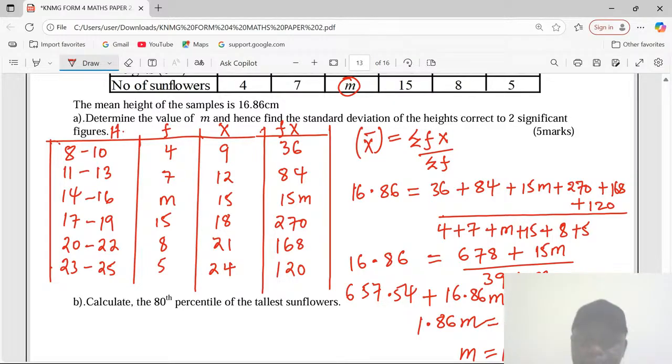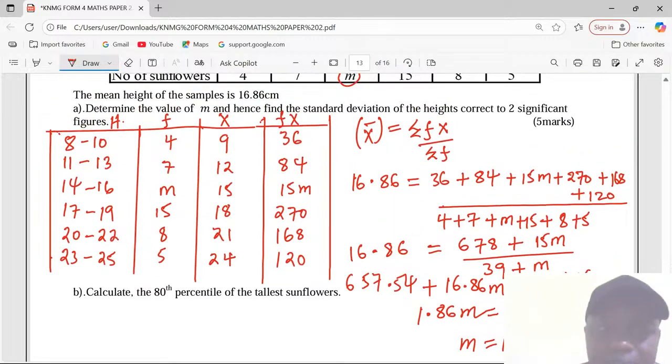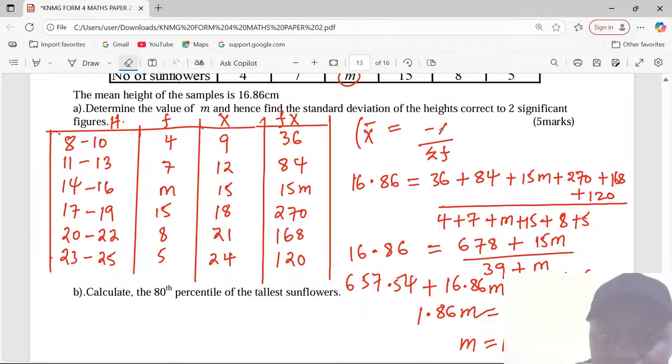The other thing, apart from getting that, we are told to find the standard deviation. So let's create some more space here for standard deviation.